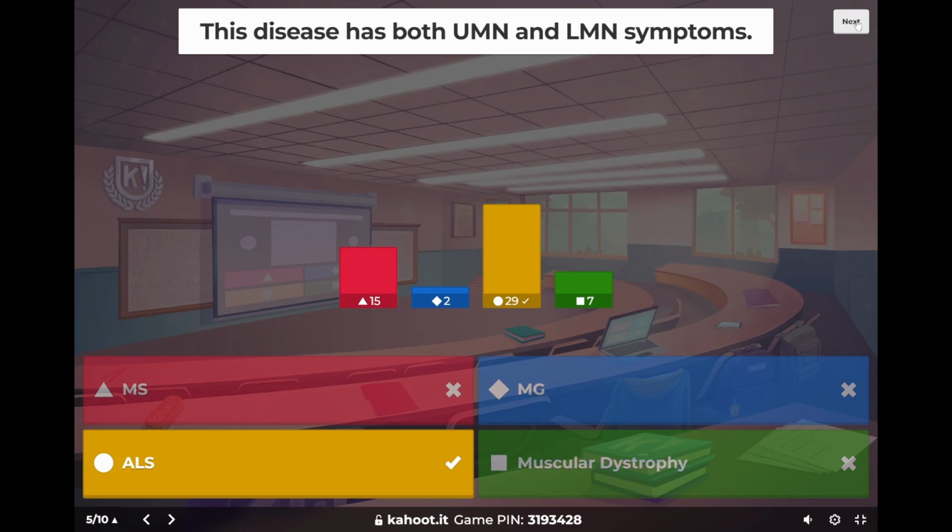It's ALS. What does ALS destroy? The anterior gray horn, so we don't have any connection between upper and lower. That's destroyed. What does it also destroy?